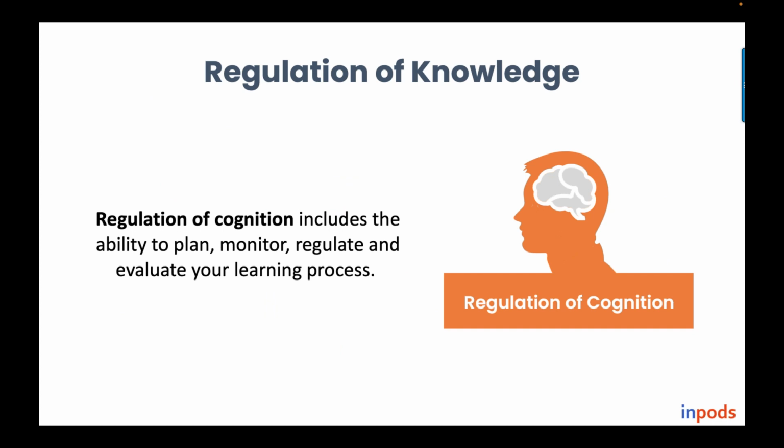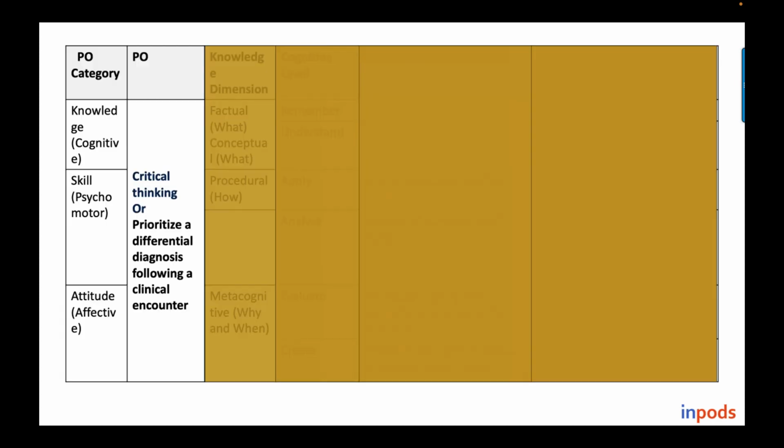But if we start looking at the feedback and take that input to improve our own process of learning and decision making, applying it for our own benefits, then it is nothing but regulating that knowledge, regulating the cognition.